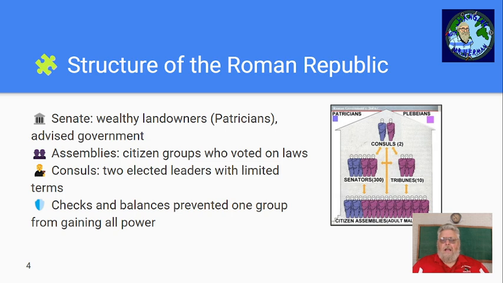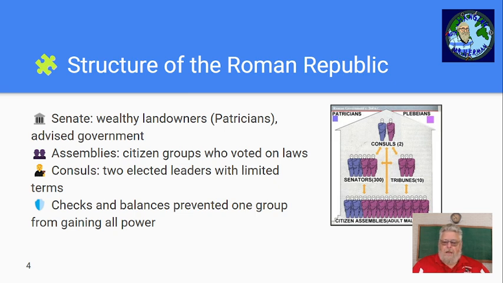The Roman Republic had a clever system to prevent any one group from becoming too powerful. At the top were the consuls, two elected leaders who served one-year terms and had to agree with each other. Then came the Senate, made up of wealthy landowners called patricians who advised and influenced decision making.